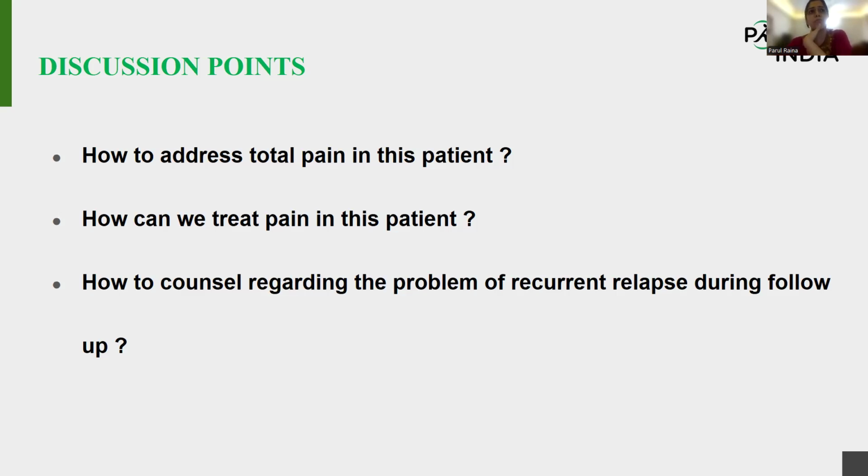We have to include her family members in this. If she is not feeling emotionally right about the situation, including the family members and the caregivers is very important in tackling the emotional aspect of the total pain, because that is where her support will come from.